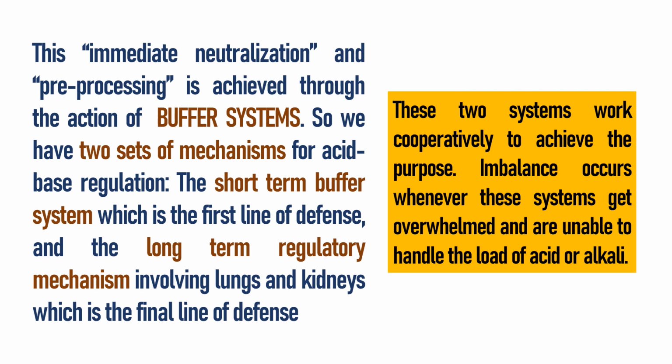So, we have two sets of mechanisms for acid-base regulation: the short-term buffer system, which is the first line of defense, and the long-term regulatory mechanism involving lungs and kidneys, which is the final line of defense. These two systems work cooperatively to achieve the purpose. Imbalance occurs whenever these systems get overwhelmed and are unable to handle the load of acid or alkali.